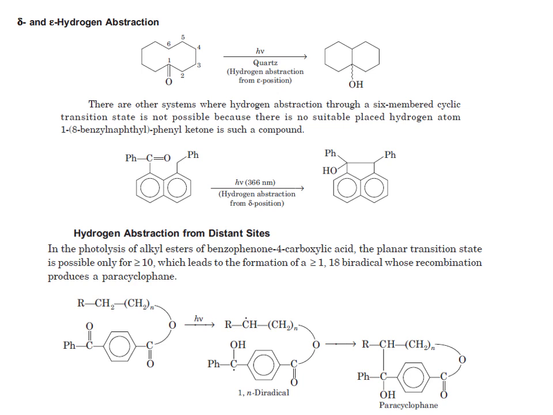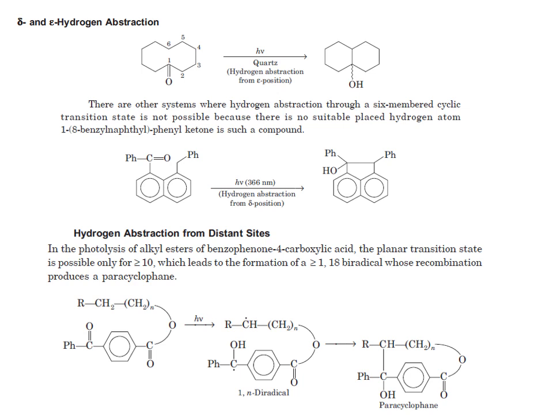And more importantly, this intramolecular gamma hydrogen abstraction by an excited state carbonyl oxygen is approximately 20 times faster than this delta and epsilon hydrogen abstraction. Nevertheless, the tendency of the half occupied n orbital of the carbonyl oxygen to abstract a hydrogen from other positions is considerable. So what is the necessary condition?